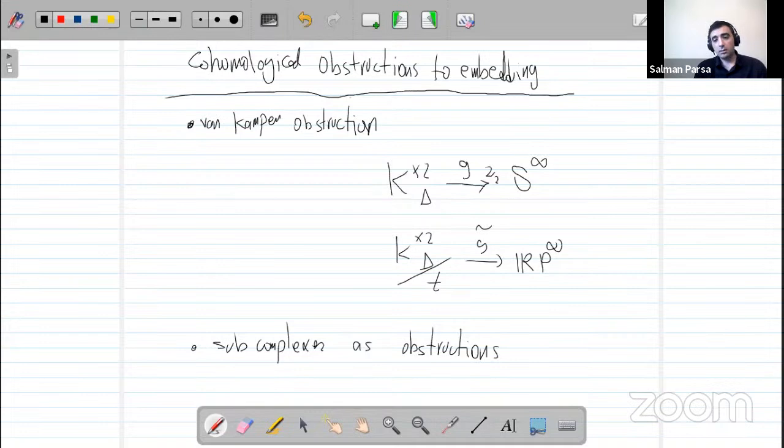And so the cohomology of RP infinity is what I write here, H star of RP infinity. When I don't write coefficients, I mean integer coefficients.